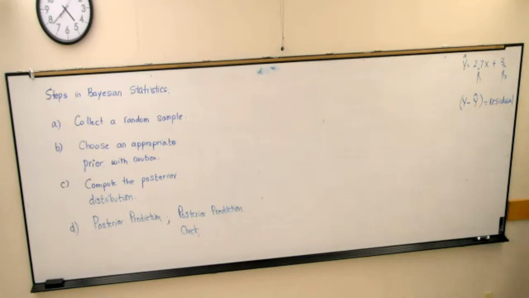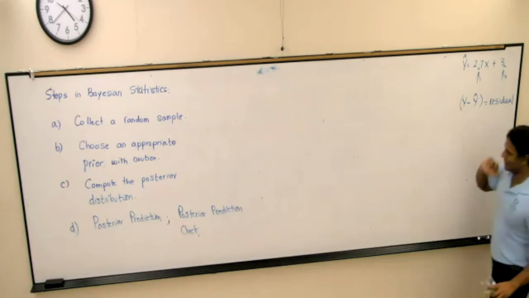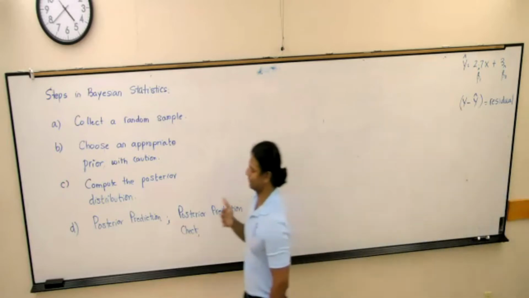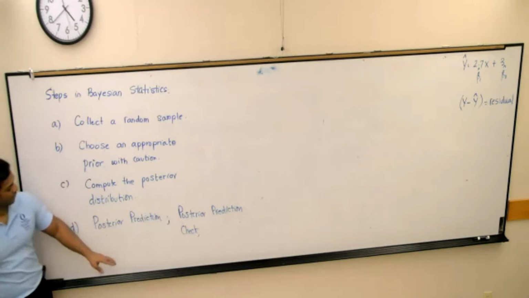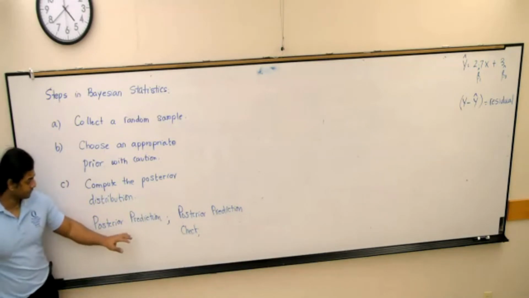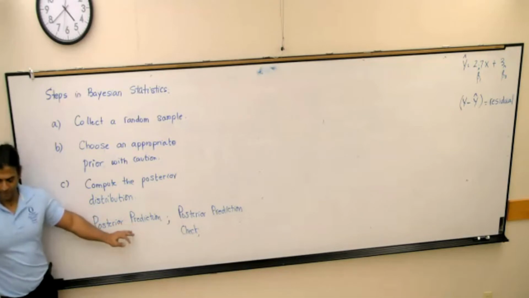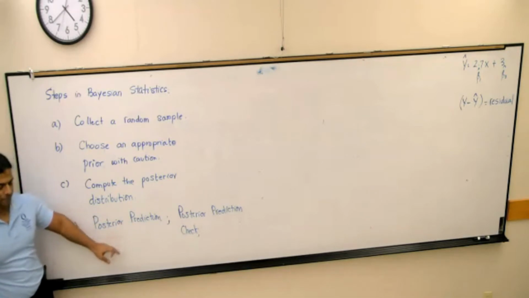We square that, sum of squared residuals, and if that value is small, then you have a good model that represents our data. Agreed? That last step, what we do with simple linear regression or any other type of frequentist approach, goes back to this step, the posterior prediction check.